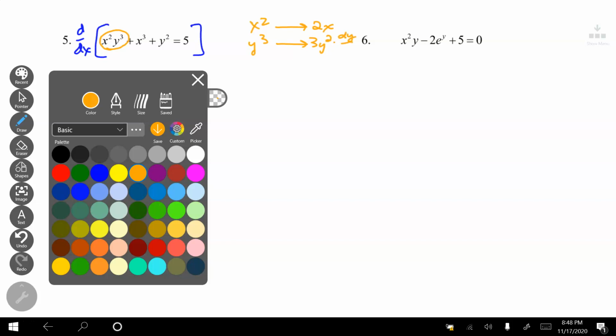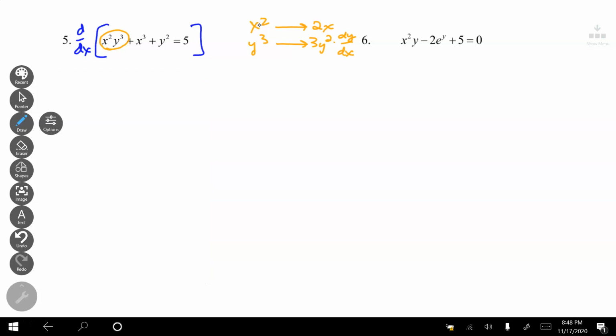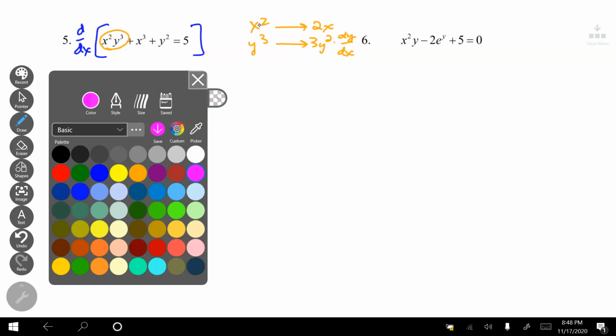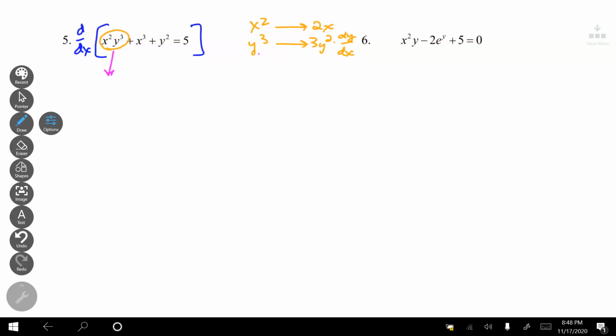I'm going to do dy over dx this time. I don't use it too often, but I'm going to use it once in a while. So when I do this product rule, I do this crisscross first. I put numbers in front. I do my letters in order, x and y, so I get 2xy cubed plus 3x squared y squared dy over dx. This part is just the product rule.